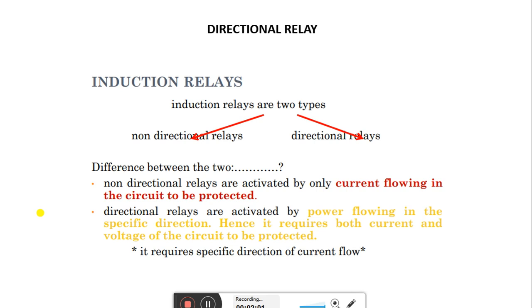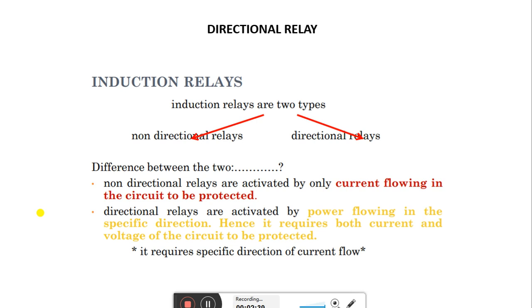So how do the directional relays operate? These relays require both voltage and current flowing in a specific direction. And what is the specific direction? The direction will be the reverse of that which was flowing in the normal direction. So directional relays will operate whenever voltage and current are applied across the relay.